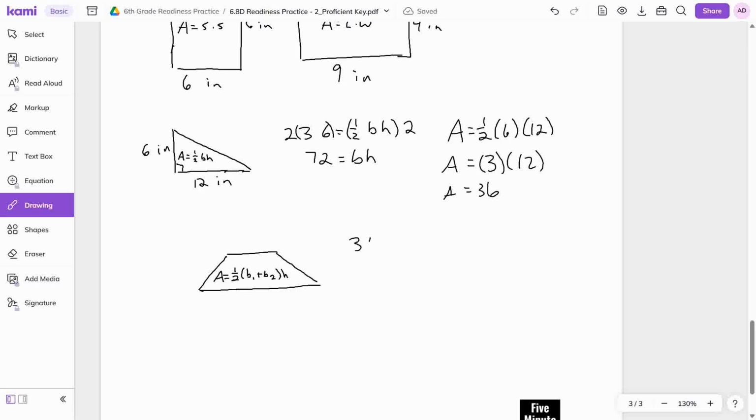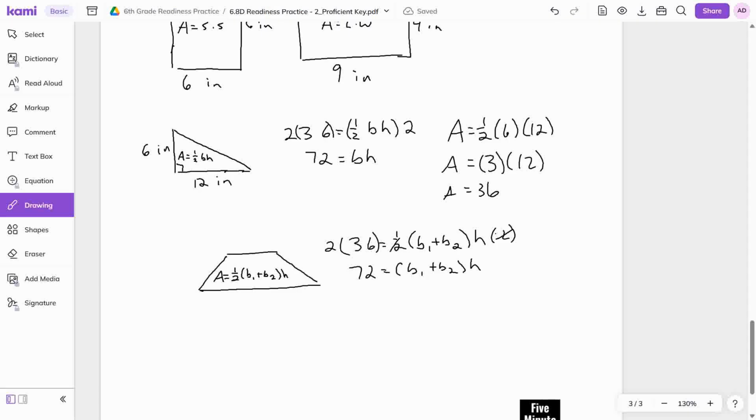We're going to do this 36 equals 1/2 base 1 plus base 2. So I know what my target bases and my heights are. I want to multiply everything by 2. All right, so let's just multiply everything by 2. And that's going to get me 72 equals this 1/2 and the 2 cancel out. So I've got my base 1 plus base 2 times height.